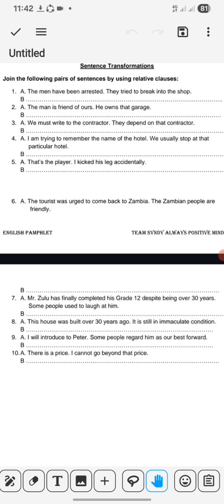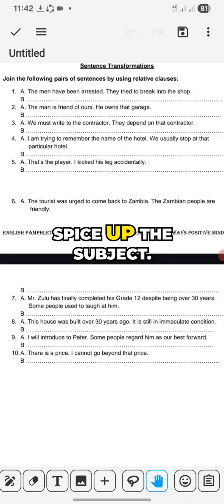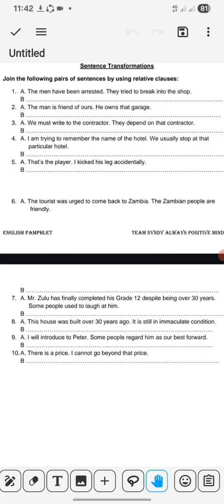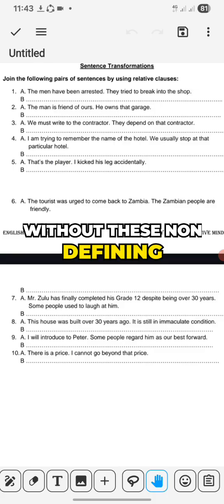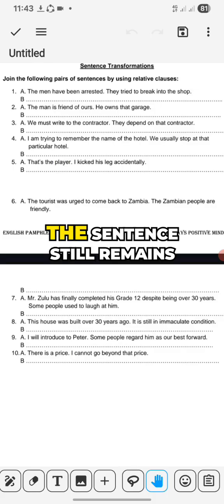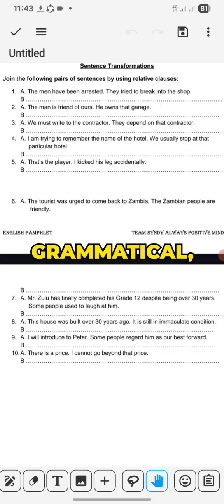So, in simpler terms, we are saying non-defining relative clauses are just spices that spice up the subject. Without these non-defining relative clauses, the sentence still remains grammatically correct without raising any sort of questions.